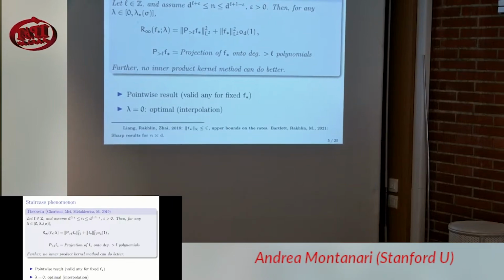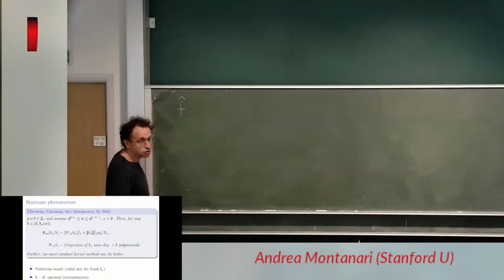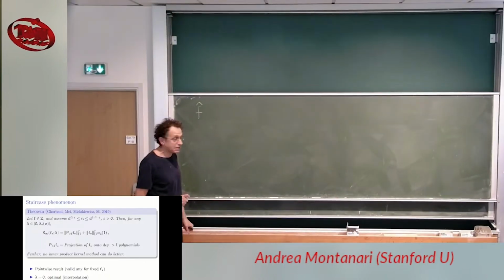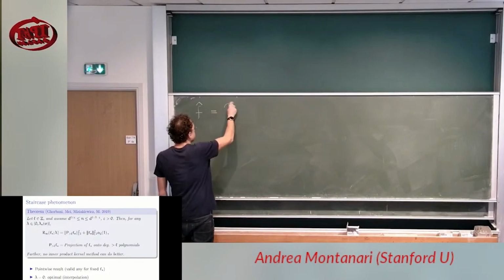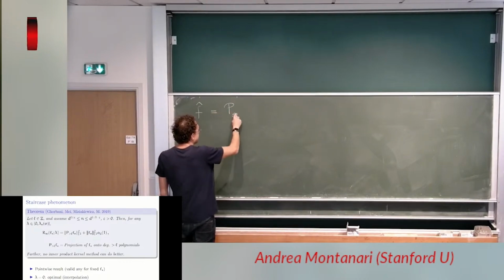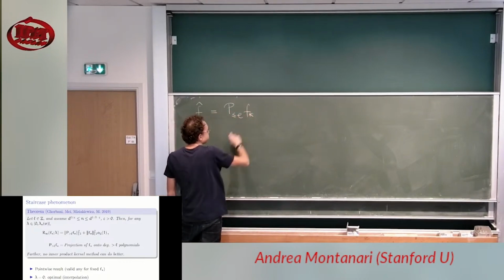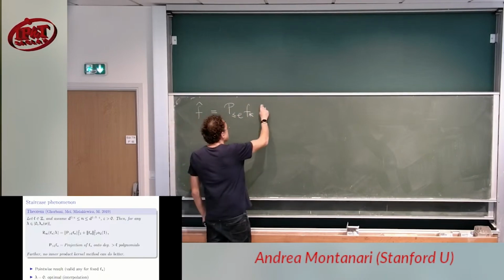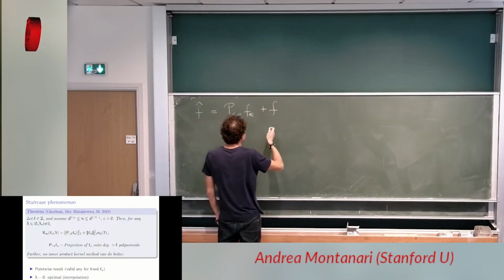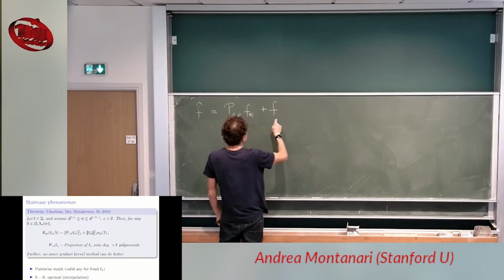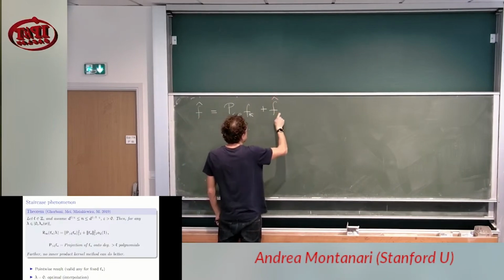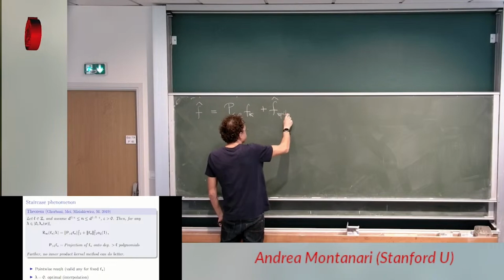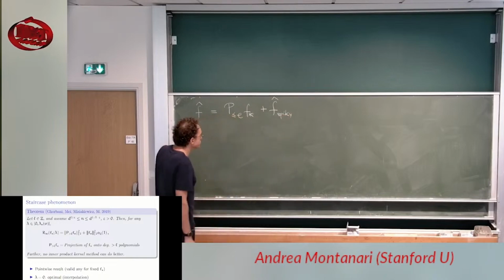This is a peculiar high-dimensional phenomenon. One other way to think about it is the following: the output of your kernel ridge regression method will be equal to the projection onto degree L polynomials of the target, plus something else, a residual. Let me call it f spike.